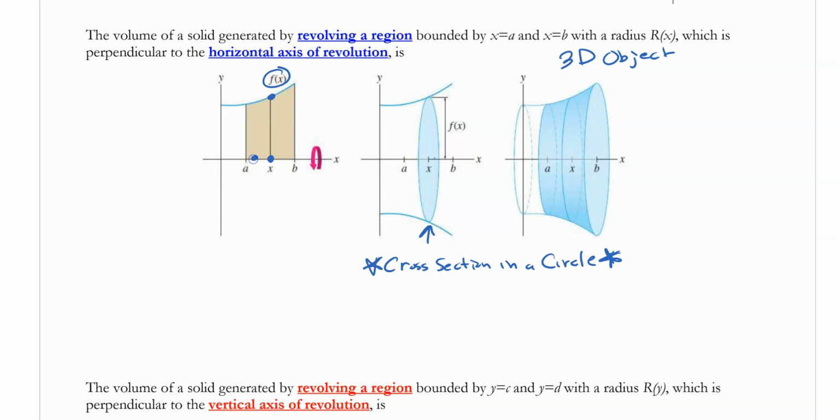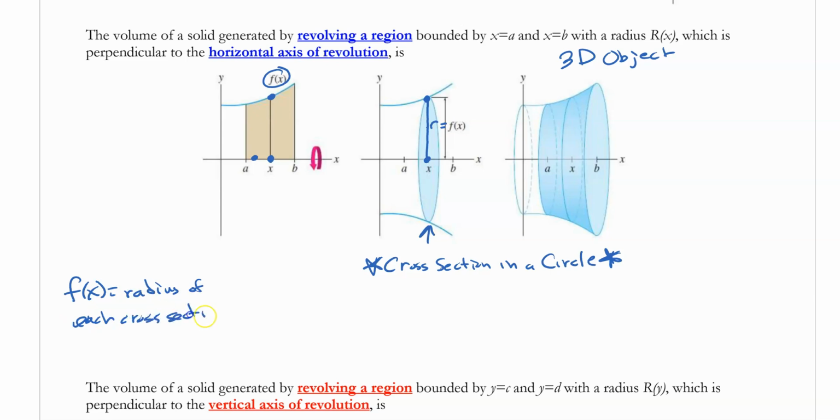Right here, this is my radius, and you'll notice that the radius is actually the function value. So for each cross-section, the radius is f of x.